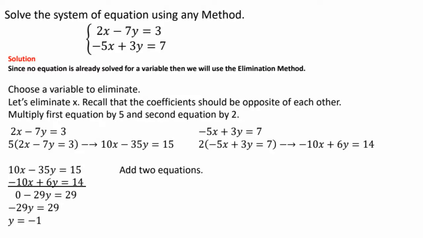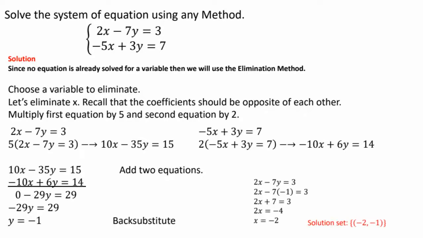Okay, so now that we have our y, we can go ahead and find our x by back substituting. Again, you can choose any equation. You can choose this equation or this one. You could even choose the new equations that we formed, right? It looks like I chose the first one.